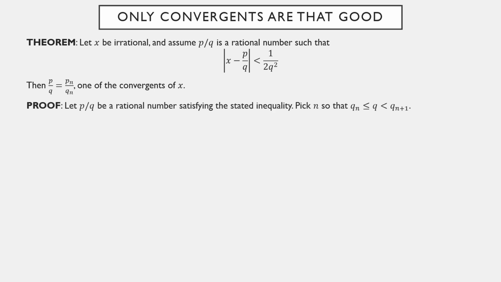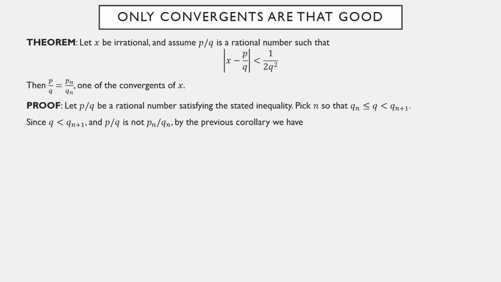Let's suppose you have a rational number that satisfies this inequality. The denominator q of this arbitrary rational number lies in between two consecutive denominators of the convergents: Qn is less than or equal to q is less than Qn+1, and p over q is not pn over qn.